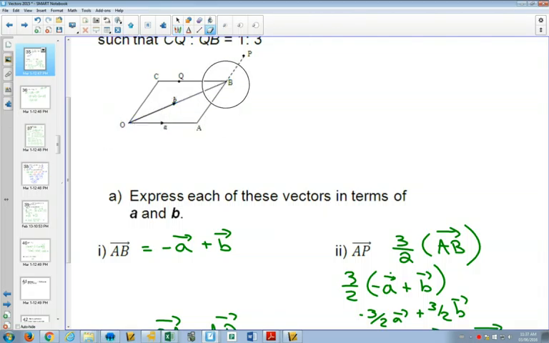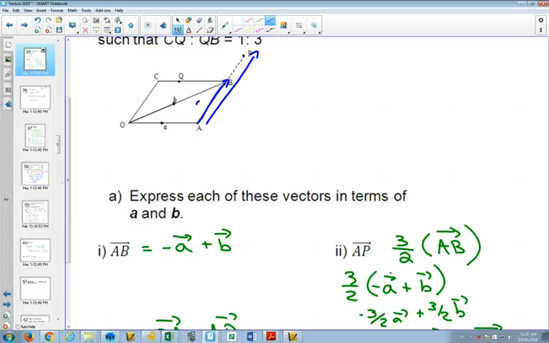Now from going to A to P, sort of 2 different ways you can look at that. You've already figured out A to B. You already know what this is. Going from A to P is in the same direction, it's just longer. How much longer is it?